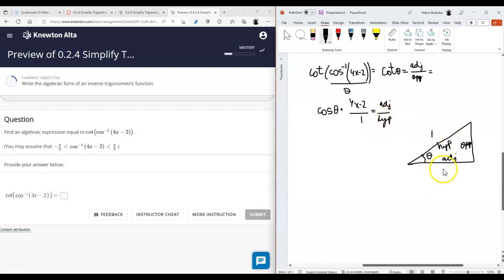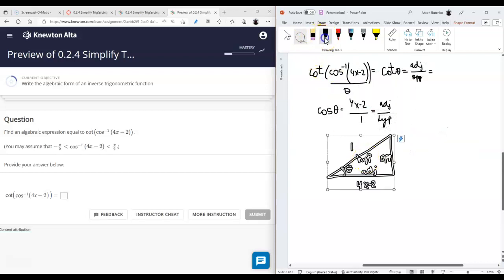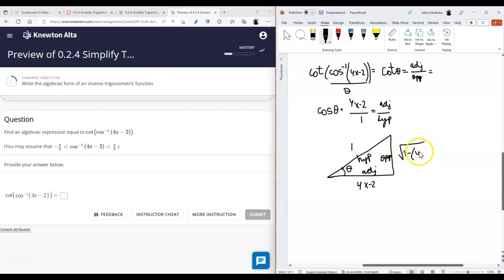My hypotenuse is 1, my adjacent side is 4x minus 2, and therefore my opposite side will be square root of 1 minus 4x minus 2 squared. And we can just leave it as is. So the final answer is adjacent, which is 4x minus 2, divided by the opposite, which is square root of 1 minus 4x minus 2 squared.